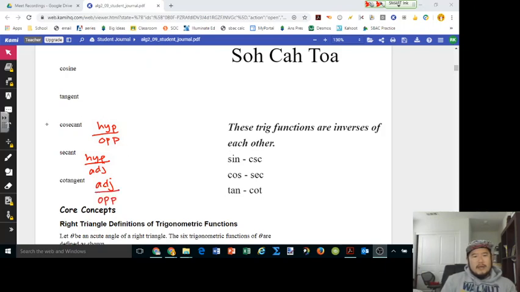So these right here are the 3 new trig ratios or functions that you're going to need to get yourself familiar with. It's very easy to remember them, because just think about SOHCAHTOA and then take the inverses of those 3 functions.